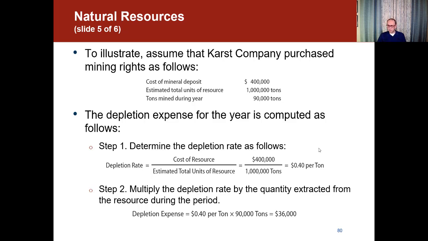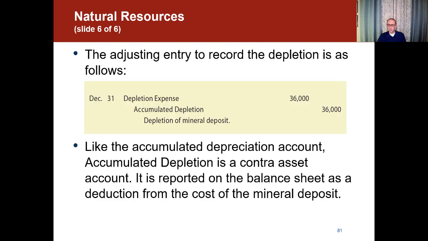Then we use this 40 cents per ton rate to calculate the second step, which is the amount of depletion expense. So we take the rate per ton multiplied by the 90,000 tons that we mined during the year, and that gives us $36,000 depletion expense.